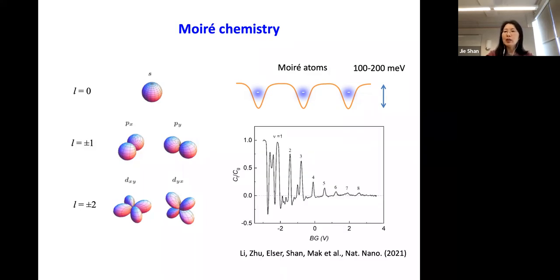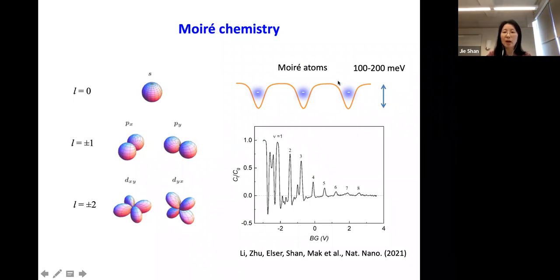And the system is highly tunable. In this example, what we have shown is that just by gating, in a capacitor-like structure, you can introduce up to 8 electrons per atom. So every time you add a new electron, it's like changing one element to another element.